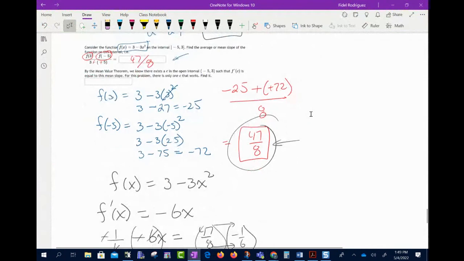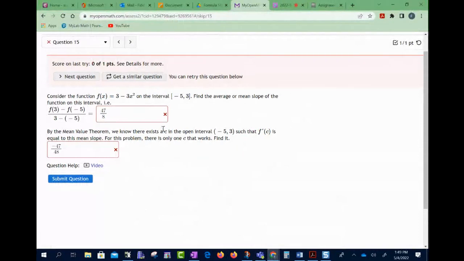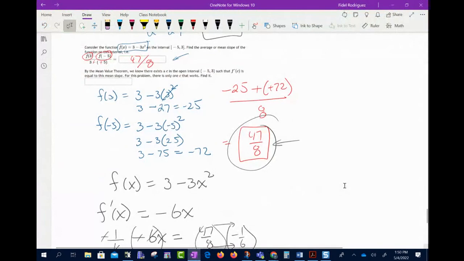Why is that not right? Did I make a mistake somewhere? F of 3 was negative 25 minus 22.